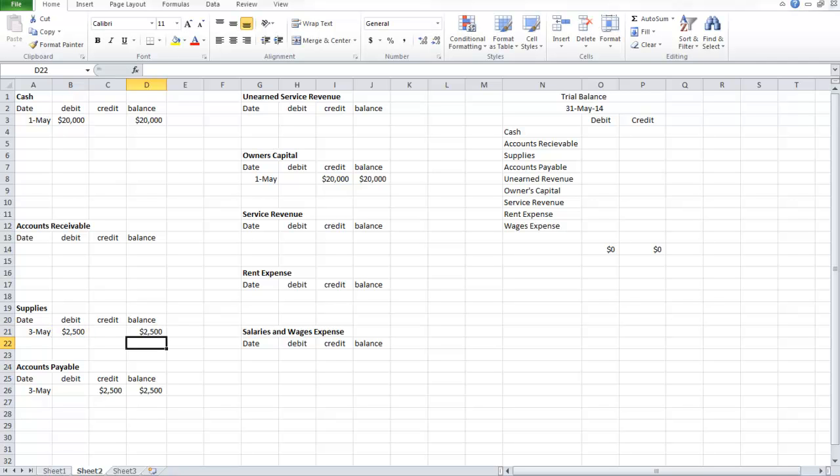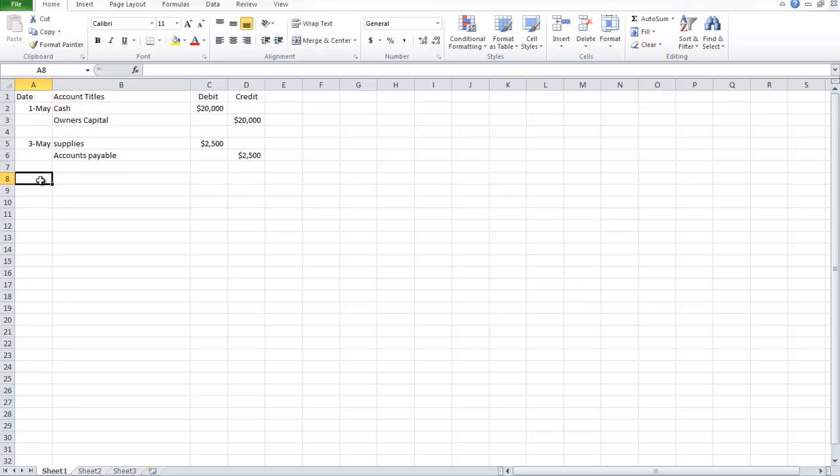On the transaction for May 7th, it said paid office rent of $900 cash for the month. So we have an entry for May 7th for rent expense. And it was paid in cash, so we want to credit cash for $900.